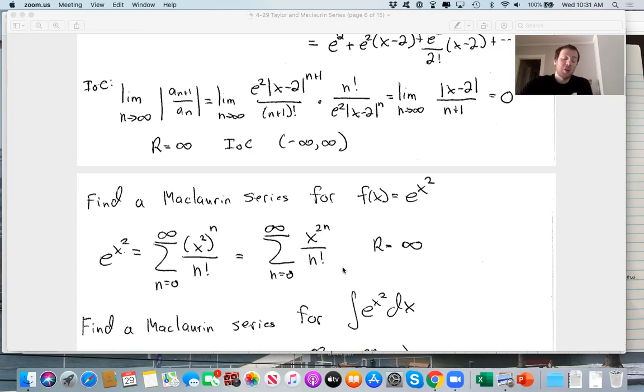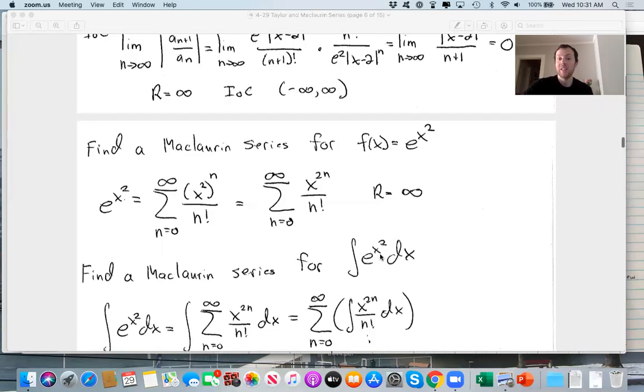And we can ask the same kind of questions involving calculus operations. What's a Maclaurin series for the integral of e to the x squared? Well, this means find a series centered at 0. And we know a series for e to the x squared. That's exactly what we found here.